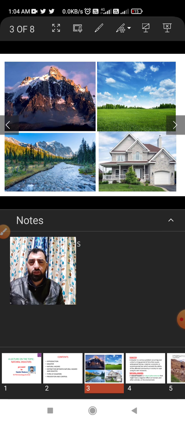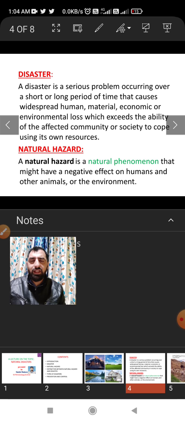So, dear students, let's try to know more about a disaster. A disaster is a serious problem that may occur over a long or a short period of time with a negative impact on the humans, animals, materials, economy, and on the environment. So it is the natural hazard that brings a natural disaster.